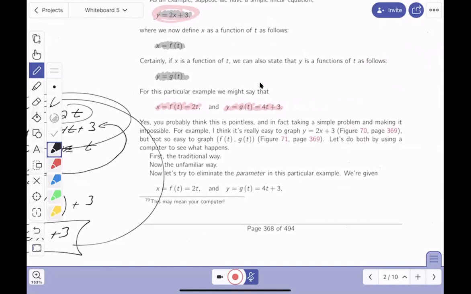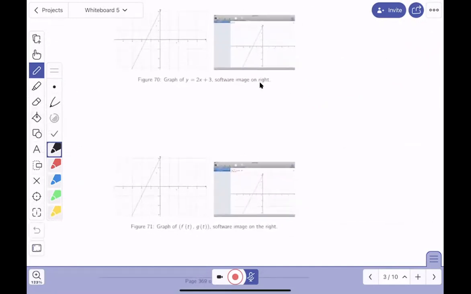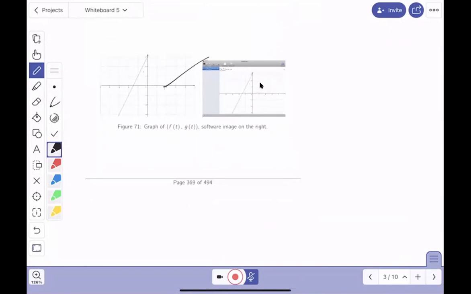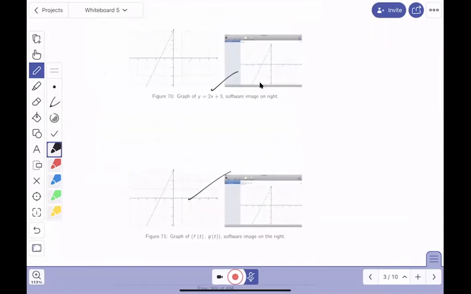All right, so what I want to do is talk about the relationship between the two now. We're going to look at the graphs. If you graph this one out over here, it says the graph of y equals 2x plus 3. I graphed it out. I did an image of my software over there. And then I also graphed out the parametric one. Now, are they identical? They are.